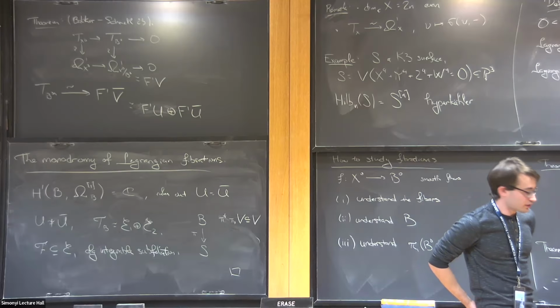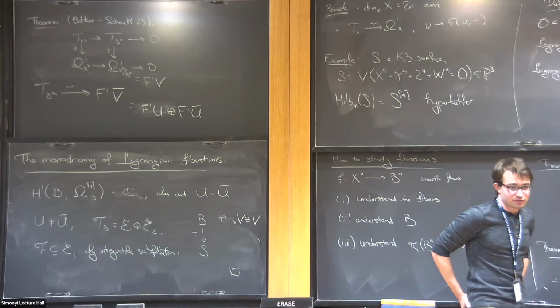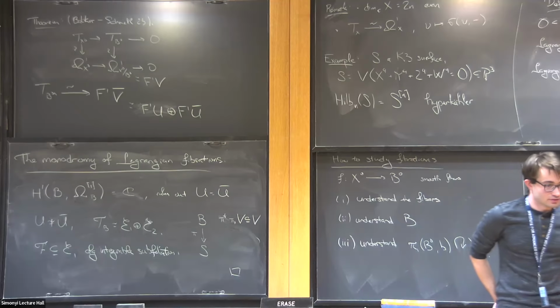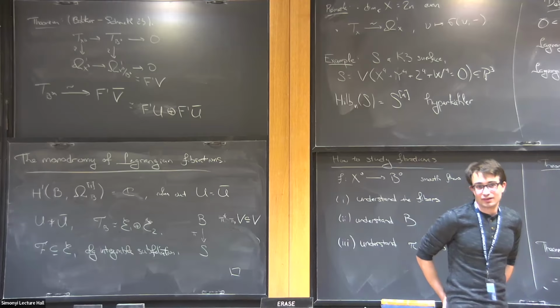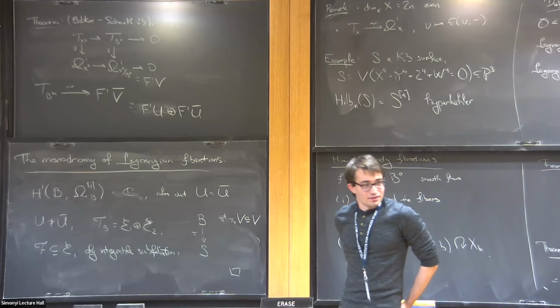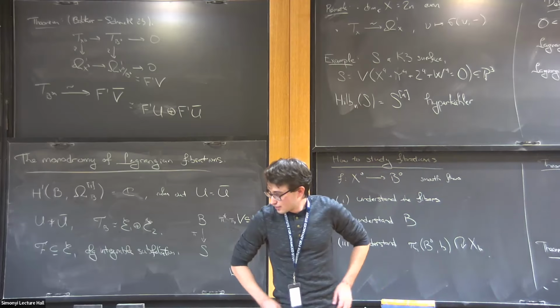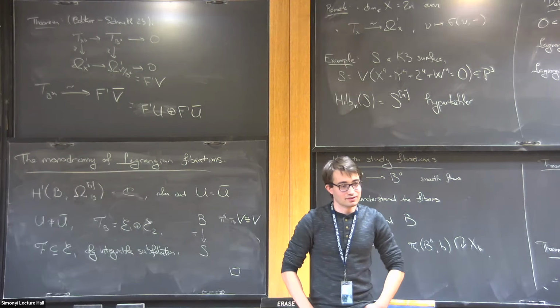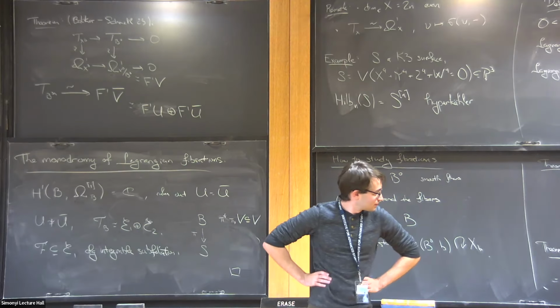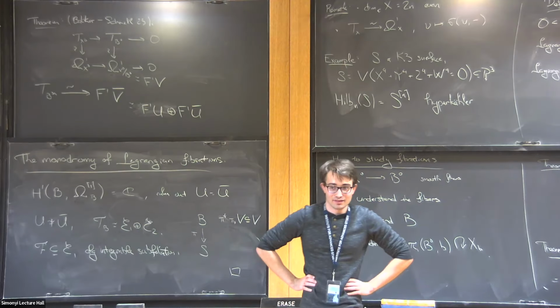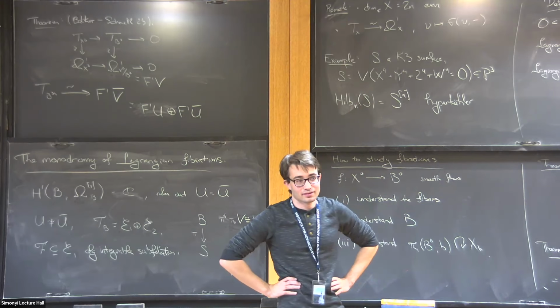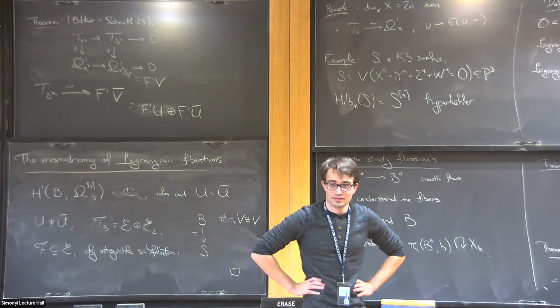But there's a discriminant, certainly. I see. Okay, I understand. Yeah, the degeneracy locus. Right, I understood what you were saying. Yeah, that makes perfect sense. Other questions? Okay, let's thank him.